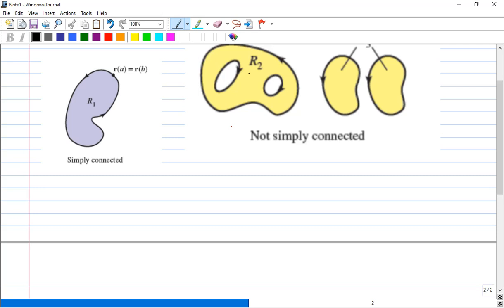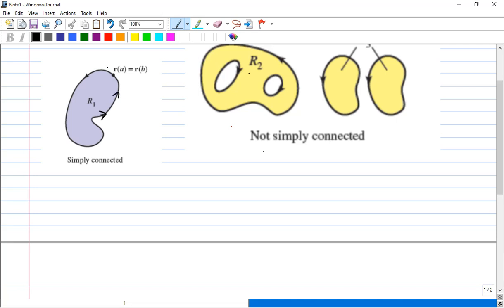So, if you have a simply connected region with a piecewise smooth boundary, oriented counterclockwise, you can see it's counterclockwise because of the directions of the arrows.